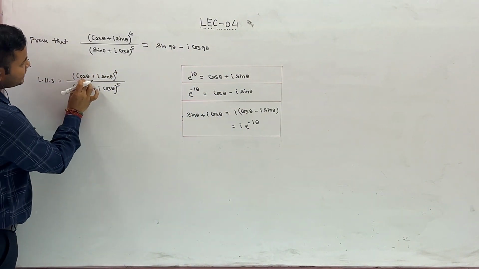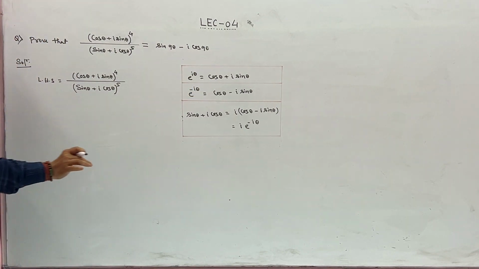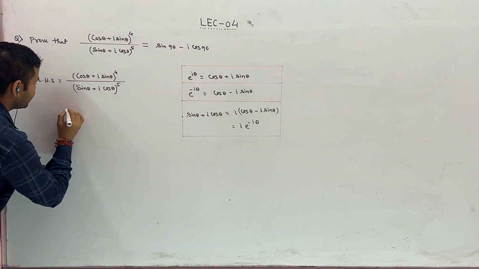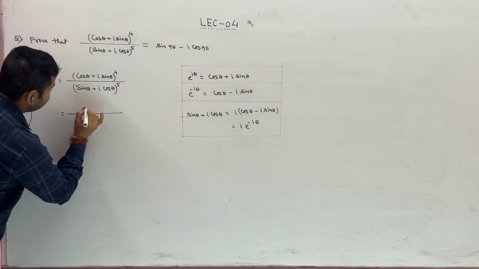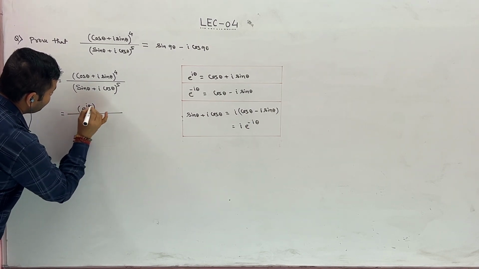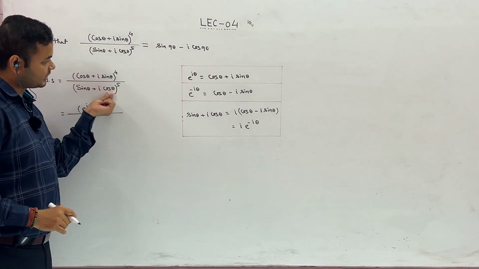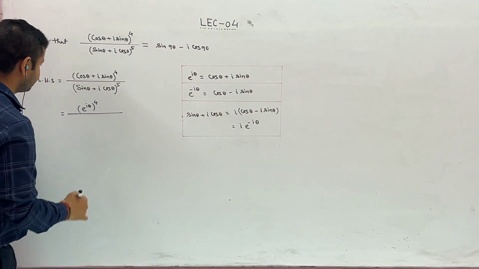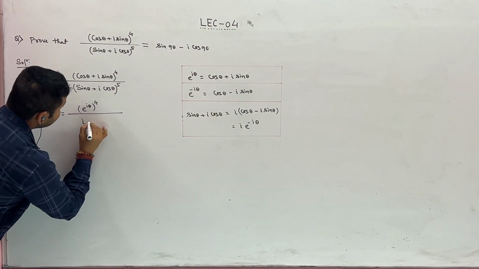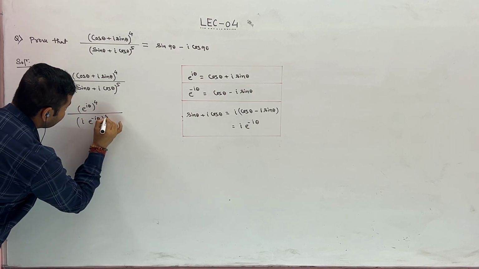We know that cos theta plus iota sin theta is equal to e to the power iota theta according to Euler's formula. So the numerator is (e to the power iota theta) to the power 4. Again, sin theta plus iota cos theta can be written as iota into e to the power minus iota theta. So the denominator is (iota into e to the power minus iota theta) to the power 5.